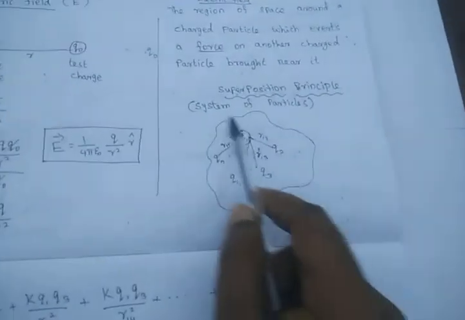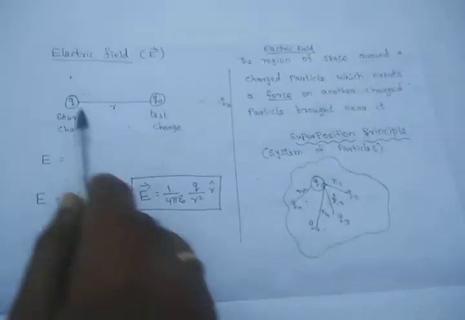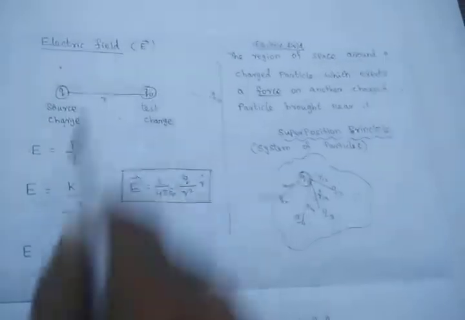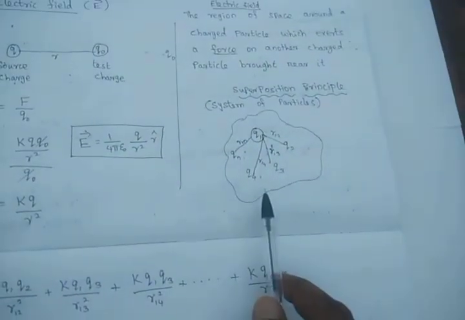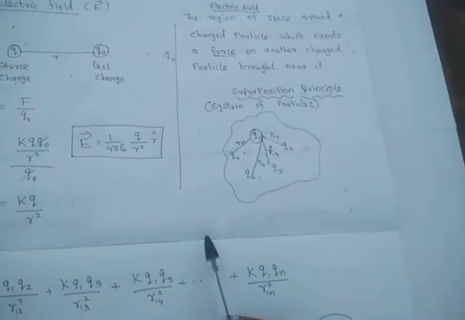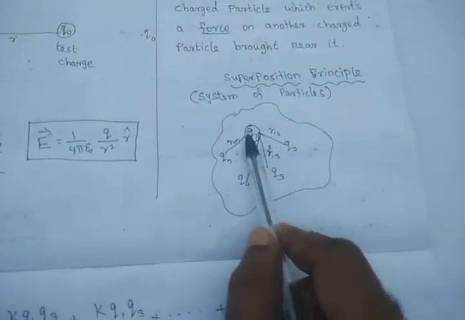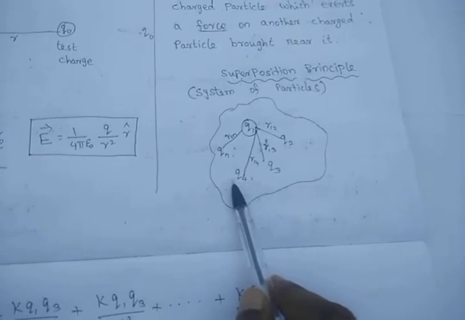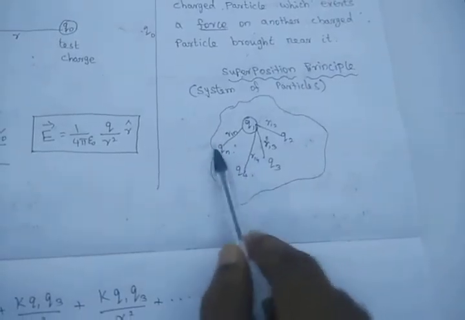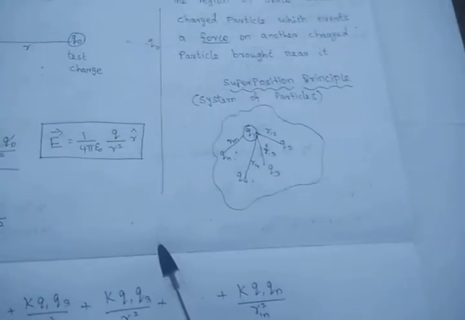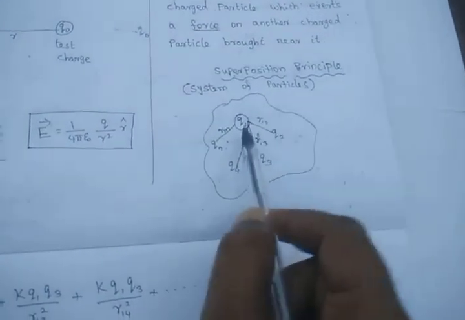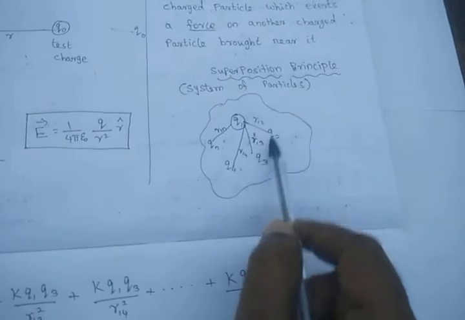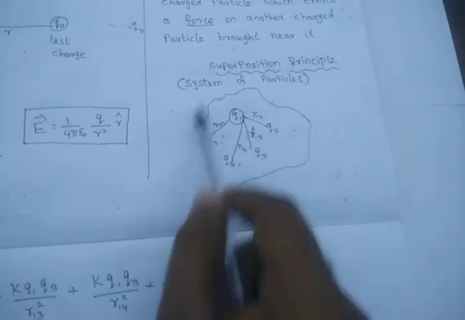So now we see some system of particles. So far we have seen only two charges or one charge like this. If there is a n number of charges present, how can we calculate the Coulomb force? So let us assume the charges q1, q2, q3, q4 up to qn are present in this space. So now we are going to calculate the Coulomb force experienced by q1 charge due to the other charges present in this space.